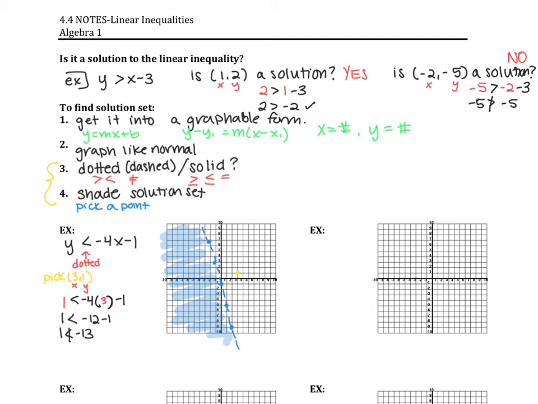Now, I am going to ask you to tell me each time a possible solution. So if I want to know a possible solution, it means I want you to pick any point in that shaded region, because any of those is a possible solution. So let's say I pick the ordered pair negative 4, negative 2.